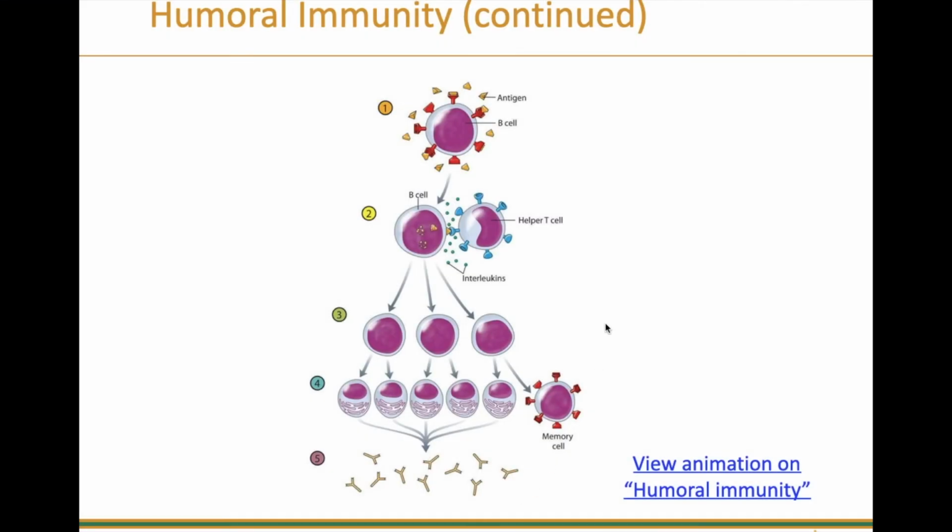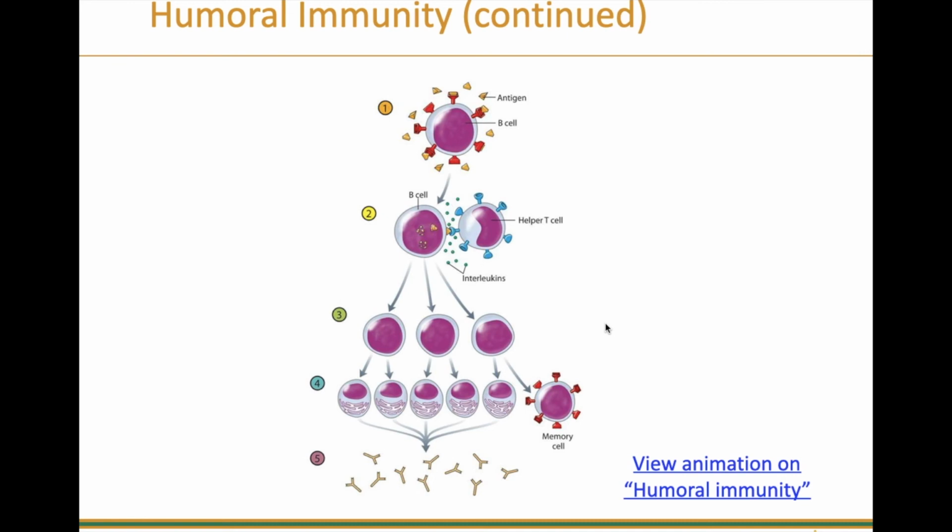Alright, so we need to know how humoral immunity helps the immune system destroy pathogens outside the cell. So the surface of a B cell has lots of receptors for a specific antigen, and when that antigen comes along, it binds to the B cell. The B cell will engulf that antigen and then digest it and then display some of the antigen fragments on its surface.